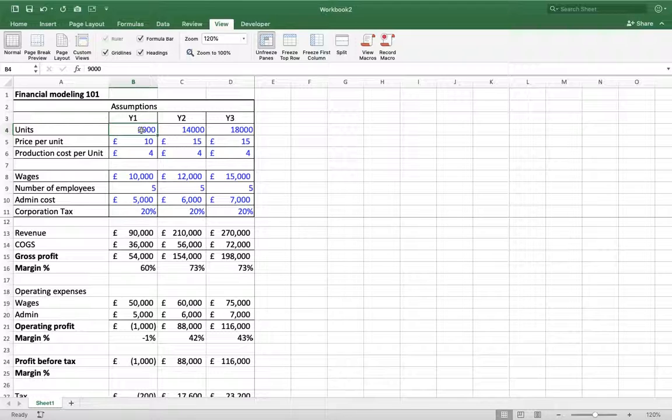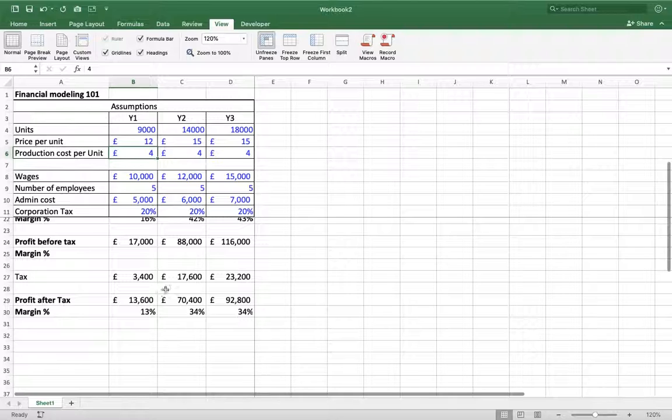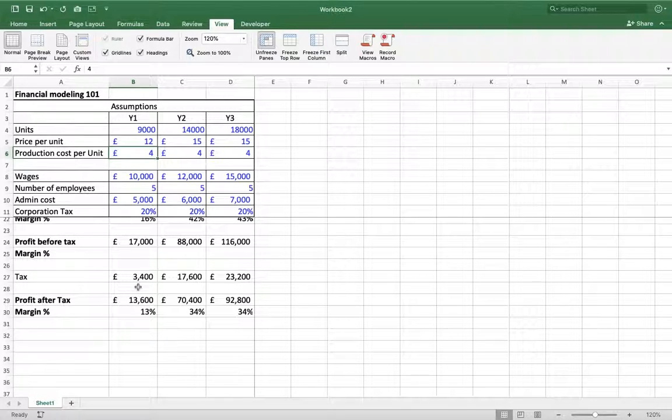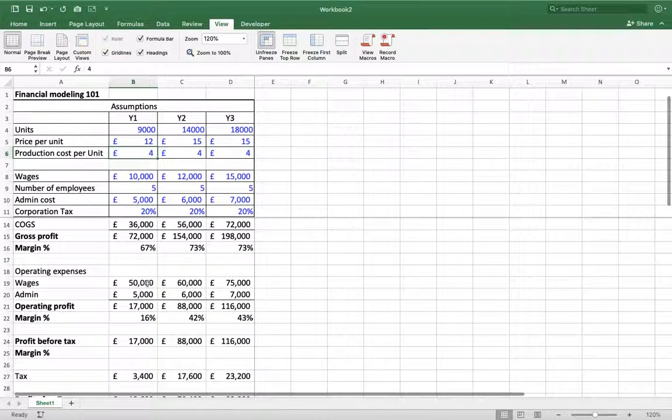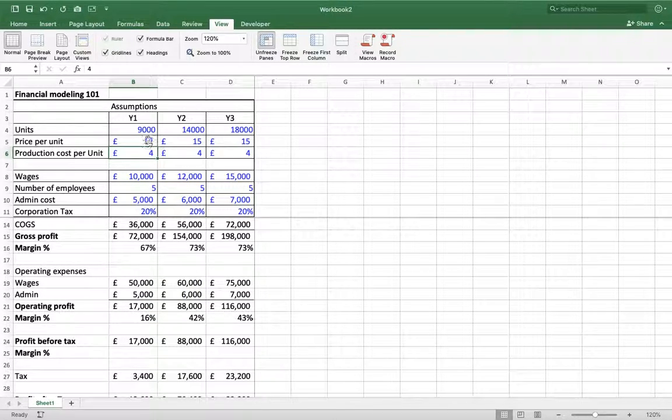And if for any reason we produce 9,000 units, but we price it higher, to £12 per unit, we've got a profit. And we can see the sensitivity to the change in price and in the number of units.